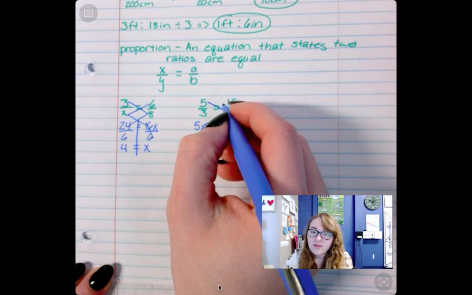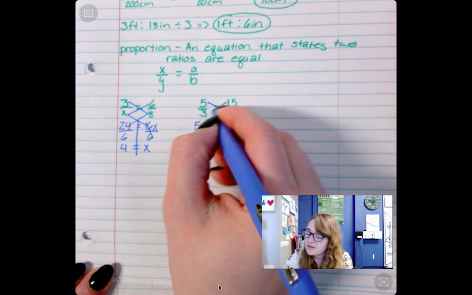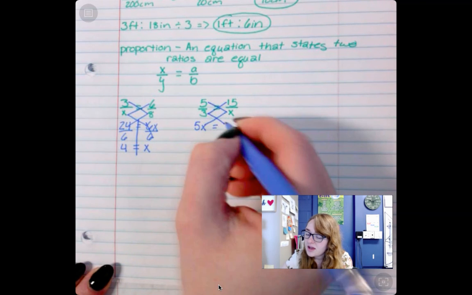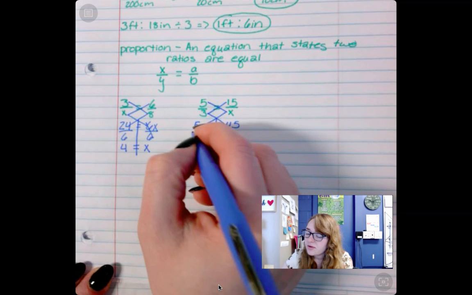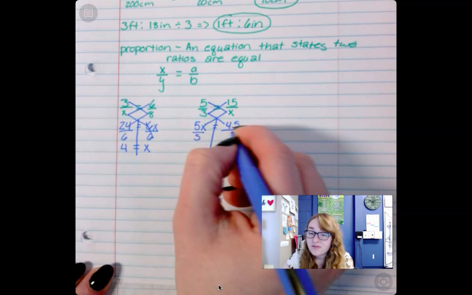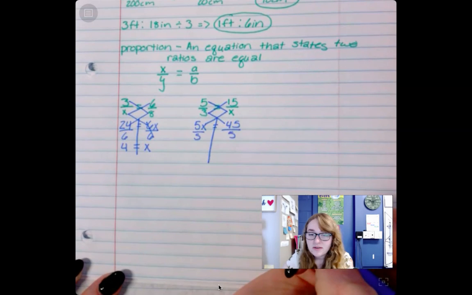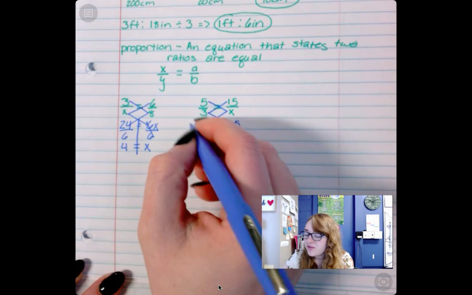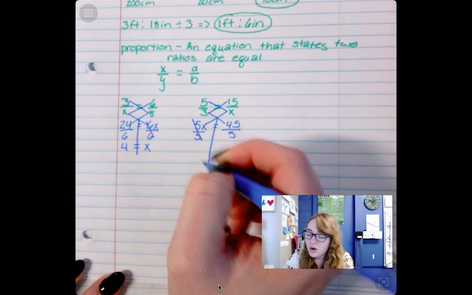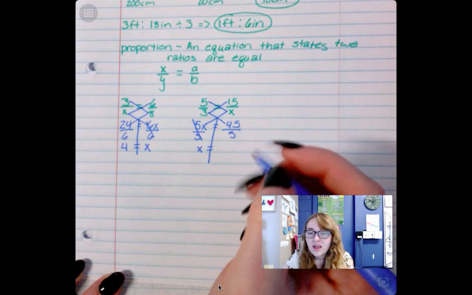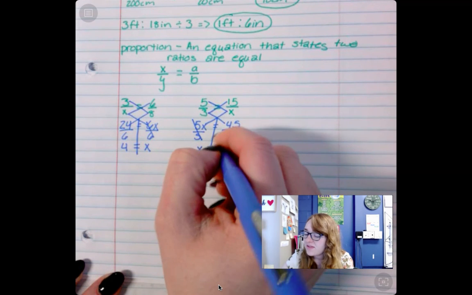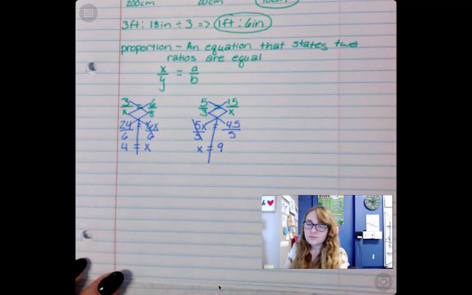Then we have our top right 15 times our bottom left of 3, and that gives us 45. To solve for x, we divide out by that coefficient of 5 once on each side of the equal sign. Multiply by 5, divide by 5, those cancel because they go to 1, leaving us with a positive 1x that we don't have to write the 1 for. And then 45 divided by 5 gives us 9.